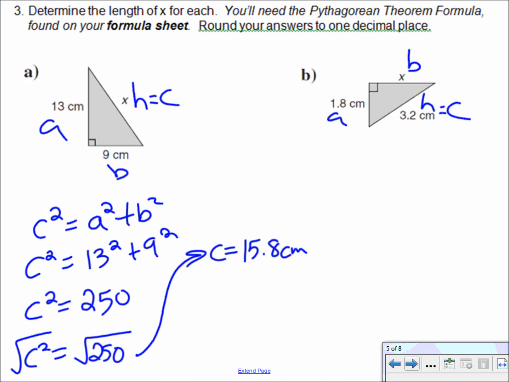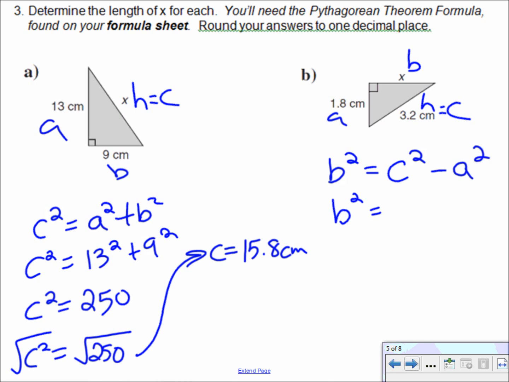Okay. Next, I have C, right? So on this equation here, it says A squared is equal to C squared minus B squared. Now it doesn't matter. I have B here, so it's going to be B squared is equal to C squared minus A squared. C, your diagonal, is always the biggest number, so you're always subtracting from that value.